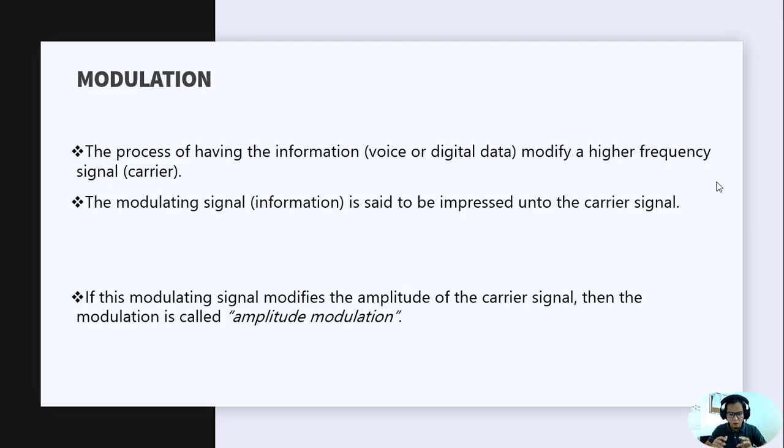Regardless of whatever form it is, as long as this modifies a higher frequency signal, which is our carrier, this is already modulation. Okay? And the modulation, the byproduct of the modulation, usually alters a certain parameter of our carrier.